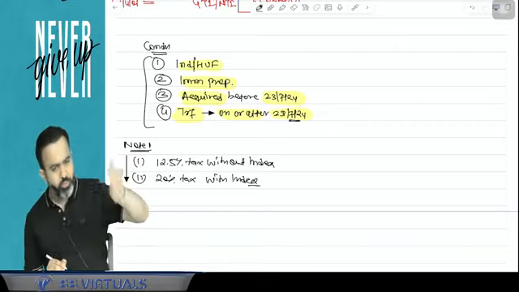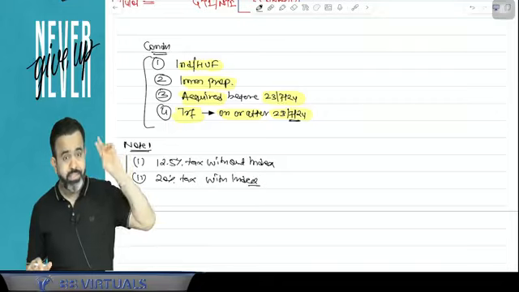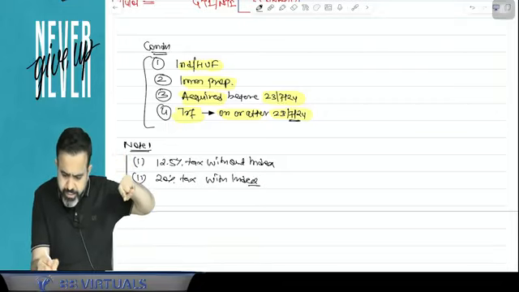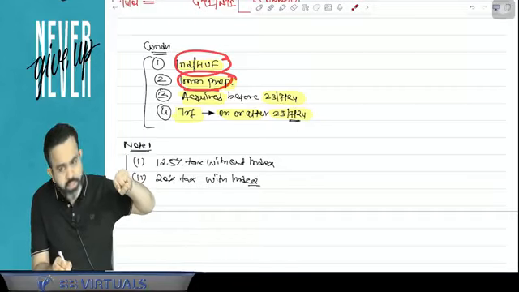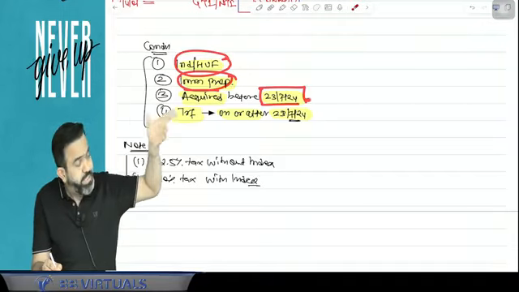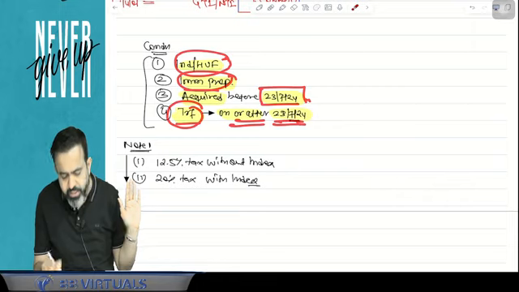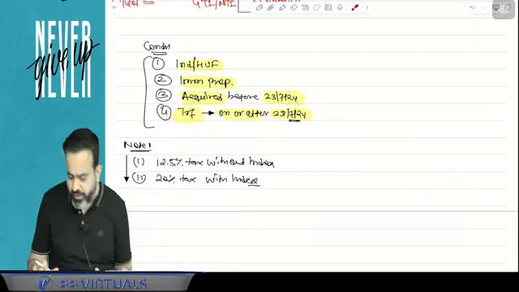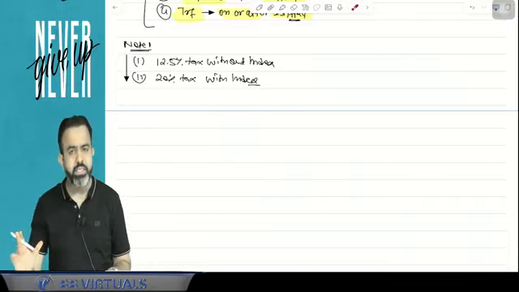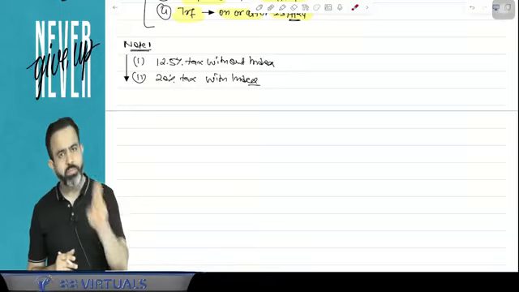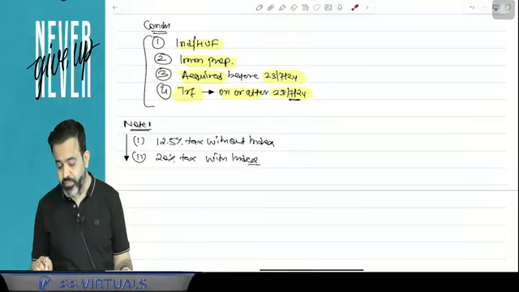But this benefit is available only in case of individual and HUF. If the asset is an immovable property, acquired before 23rd of July 2024 and transferred on or after 23rd of July 2024, then you can pay the tax either at 12.5% without indexation or 20% with indexation on the long-term capital gain.